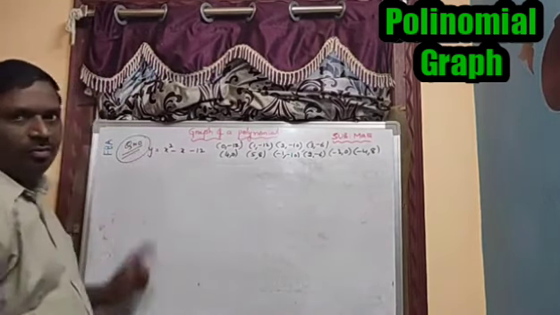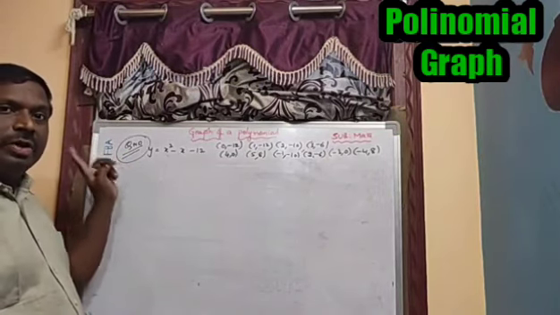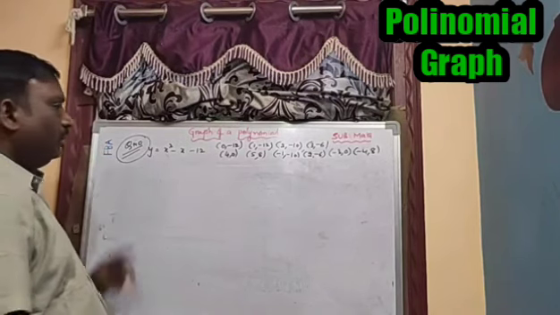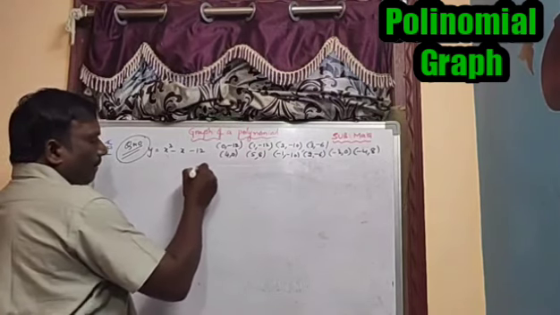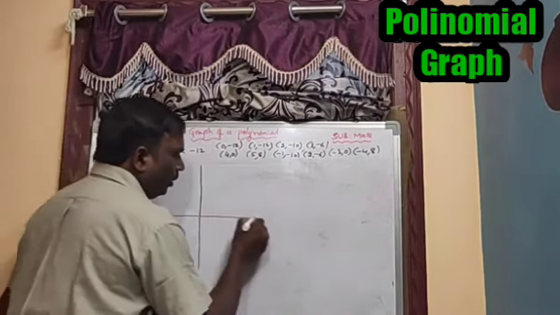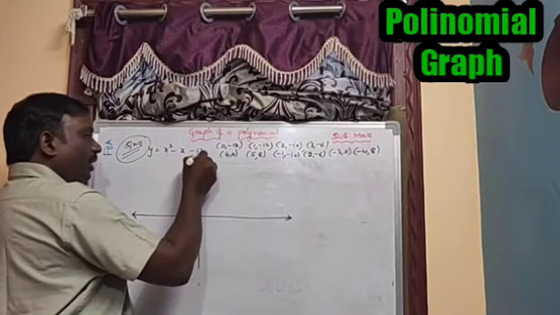This is very important. Wantedly I did not write the question number. Don't forget to write the question number when you are drawing the graph. Okay, so now draw the vertical line and horizontal line. Exactly in the middle of the paper you can take.